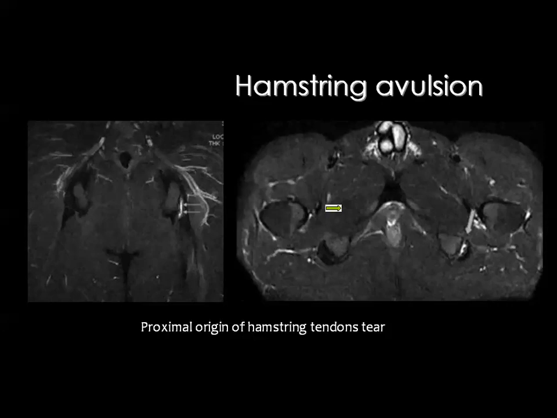Then the hamstring inserts into the ischial tuberosity, and this is the normal side where the hamstring tendon, which is black one, inserting into the ischial tuberosity, and this is an avulsed tendon from its insertion site with a small gap containing fluid.